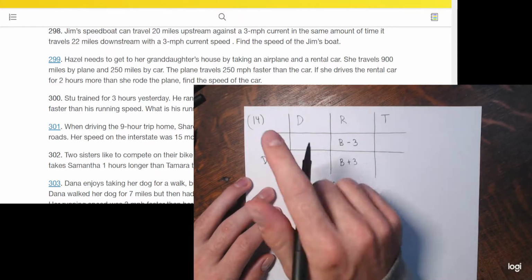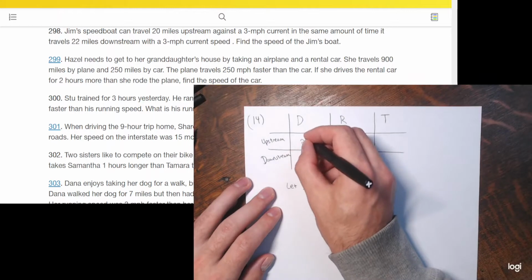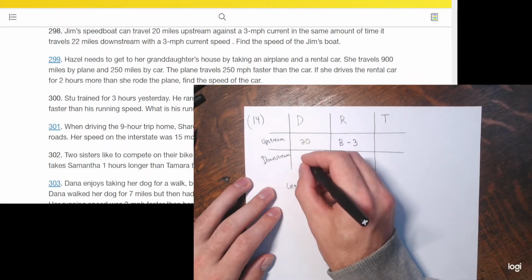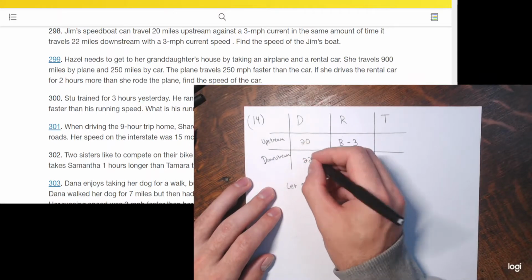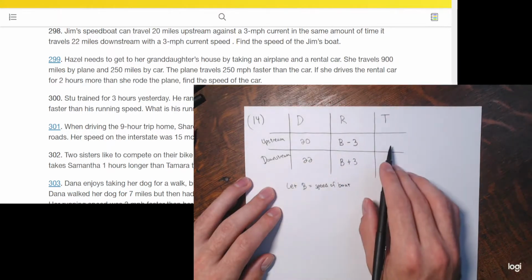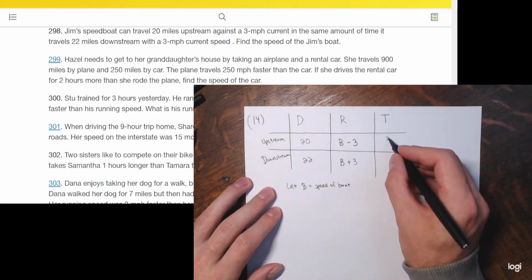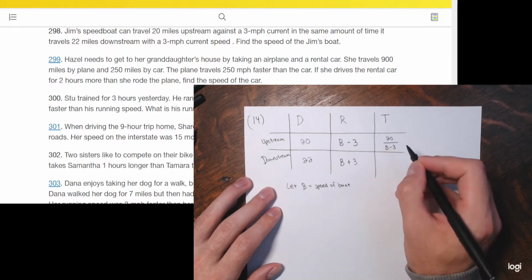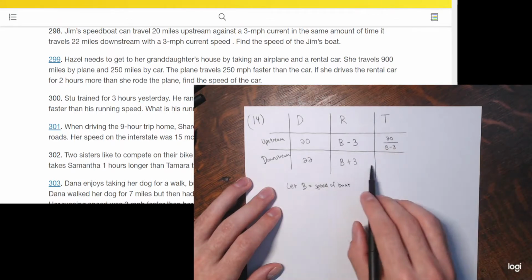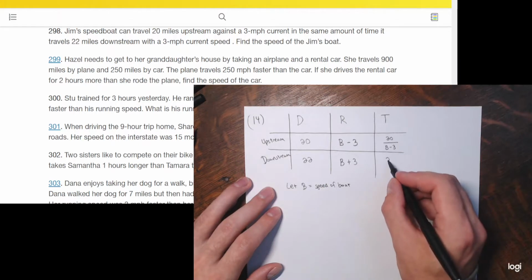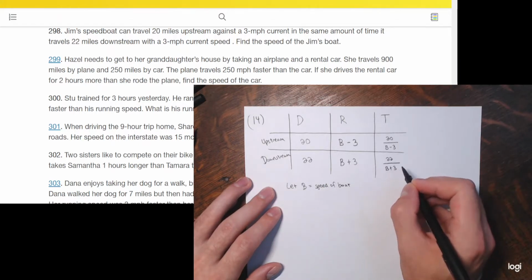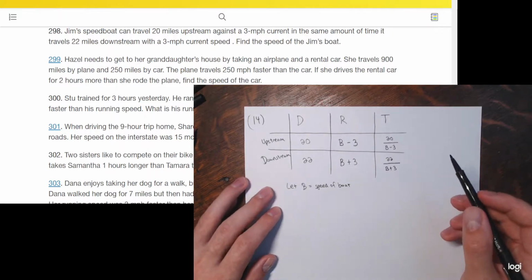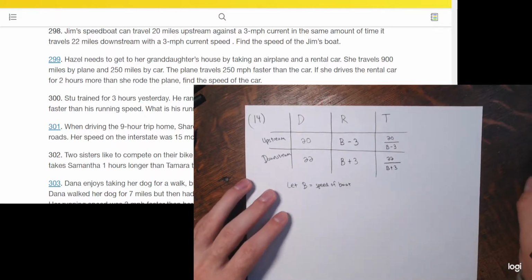Traveled 20 miles upstream and 22 miles downstream. So the time spent upstream would be 20 divided by B minus 3. The time spent going downstream, 22 divided by B plus 3. And just like in the last question, it says that these trips are done in the same amount of time.